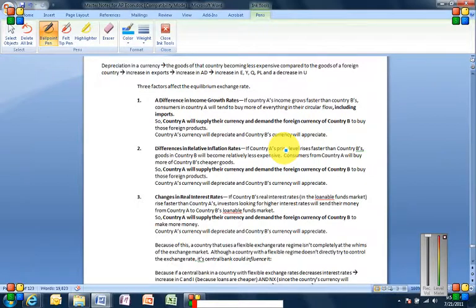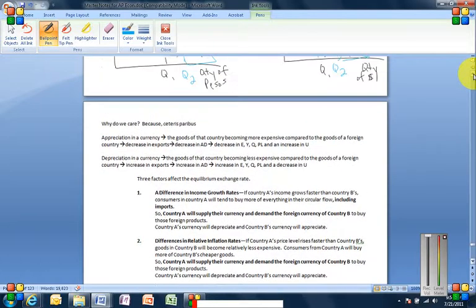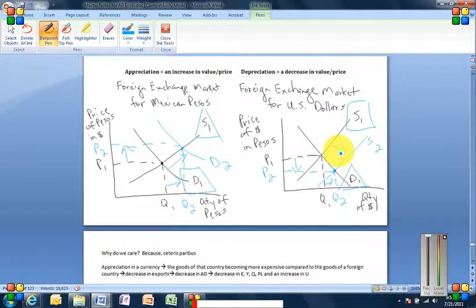So country A, once again, will supply their currency and demand the foreign currency of country B to make more money. Country A's currency will depreciate, and country B's currency will appreciate. So, three different factors could cause something like this: incomes going up faster in the United States than in Mexico, or inflation going up faster over here than in Mexico, or real interest rates in Mexico's loanable funds market going up faster.